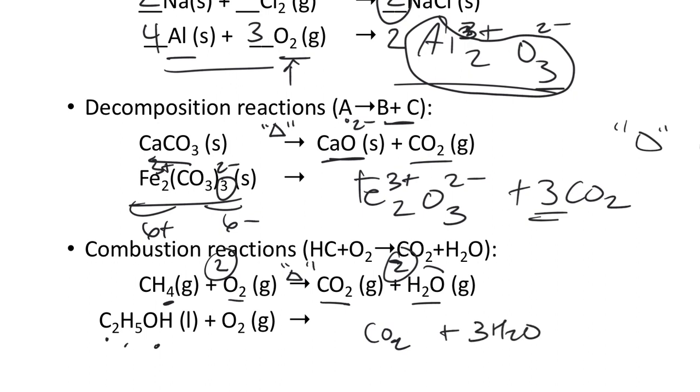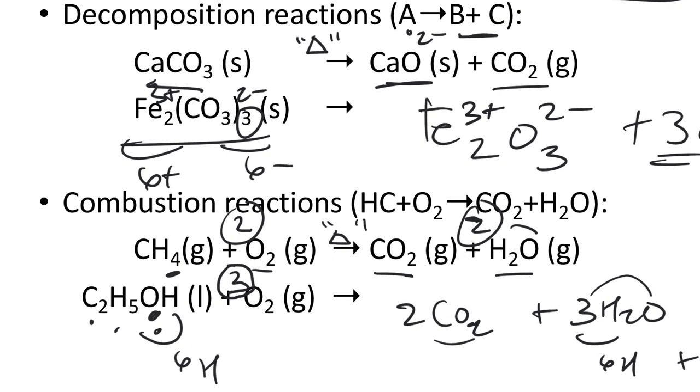So I'm going to form 3 waters because I have 6 hydrogens. And then I'm going to need 2 CO2s to balance the 2 carbons. And so that gives me 4 plus 3, that's 7 O's. So I have 1 O here, so I need a 3 in front of O2, just making sure that we see this is a 3.